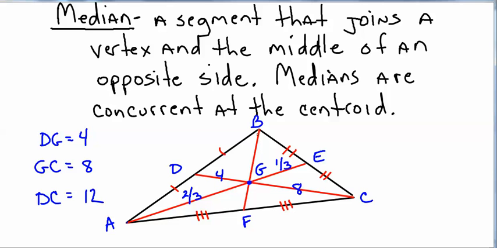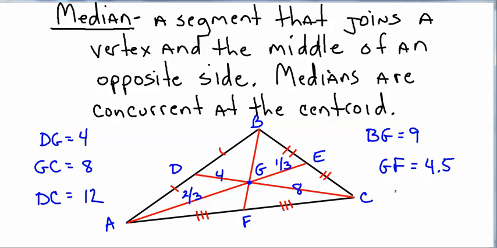DG is 1/3 of DC. If B to G equals 9, that piece right there is 9, then G to F would be 4.5.